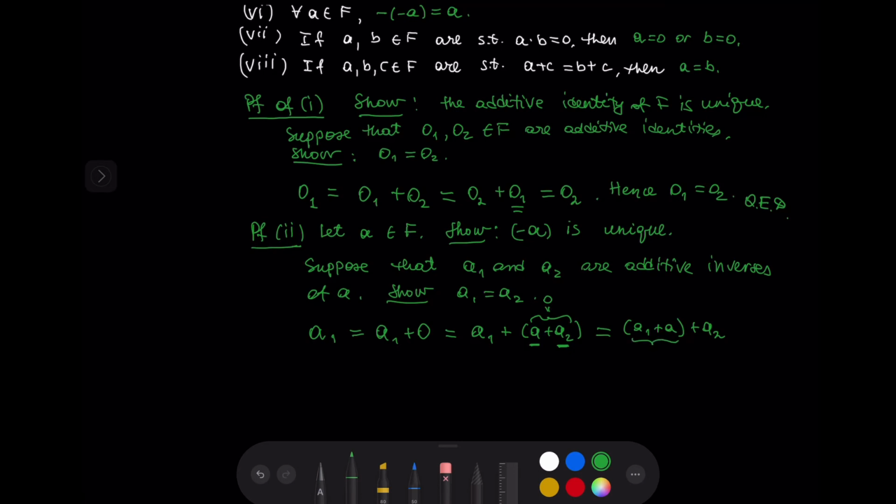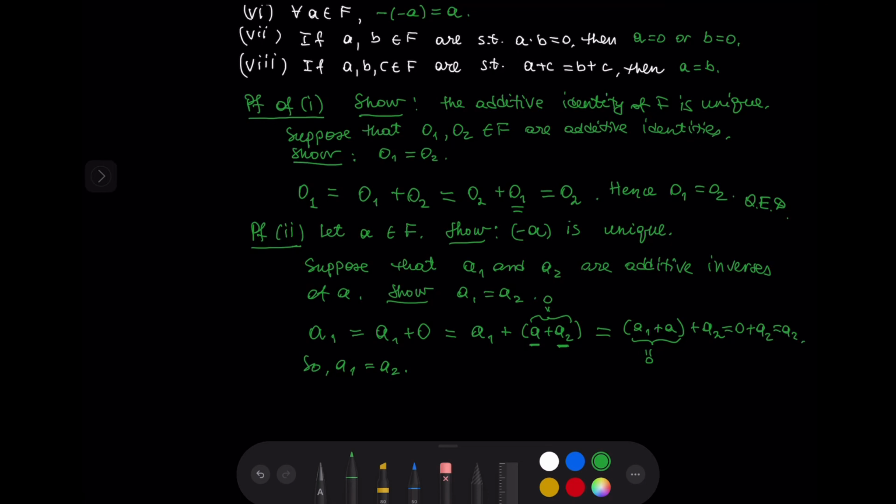However, A1 is an additive inverse of A. So when we add A1 to A, we get 0. So this is equal to 0 plus A2, which is A2.